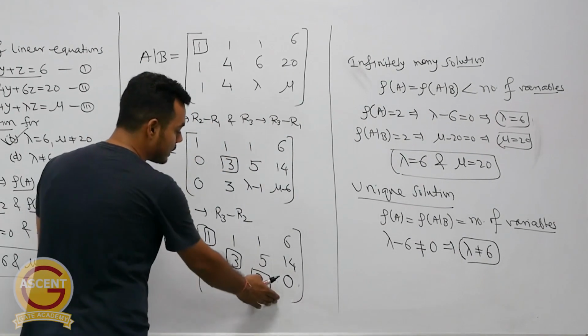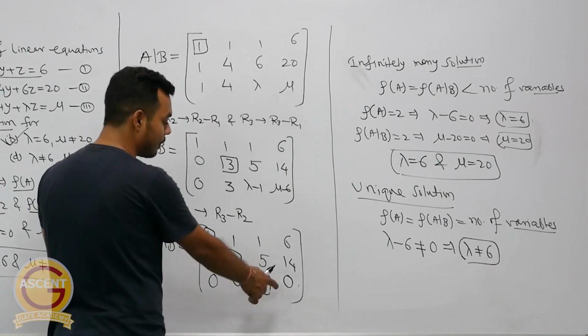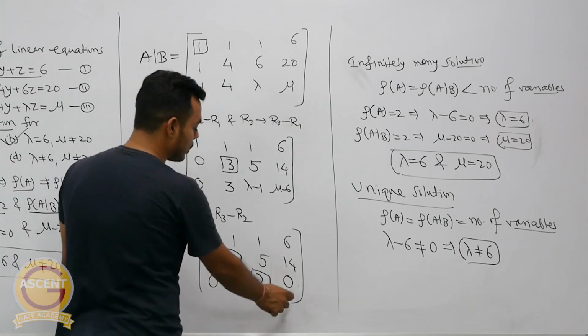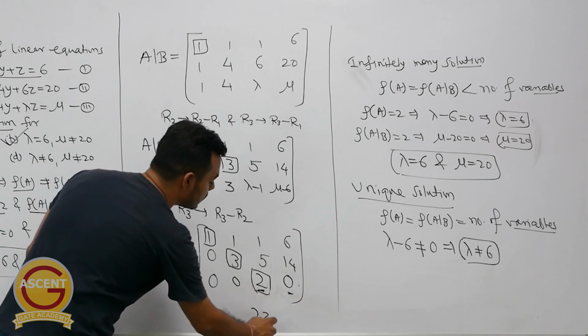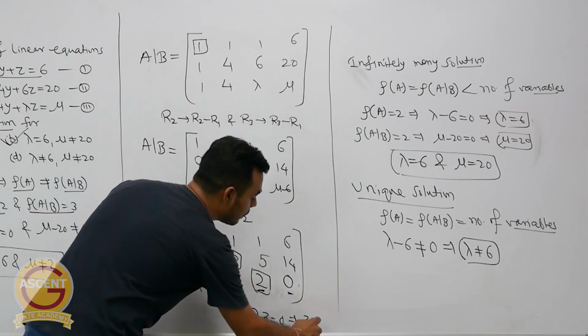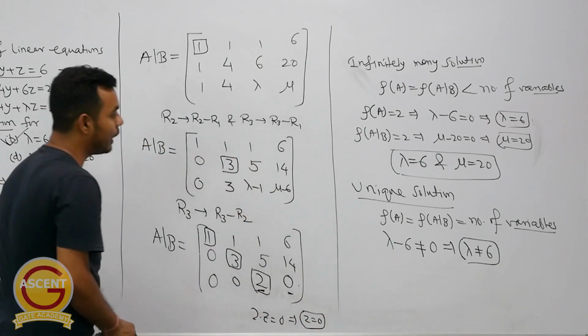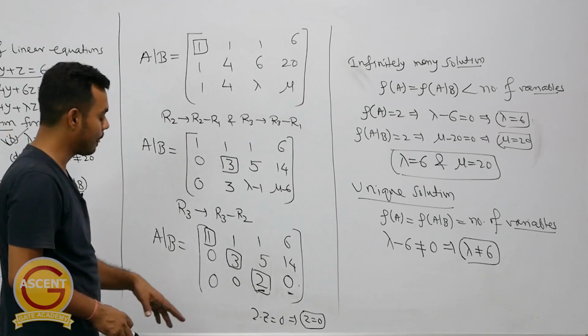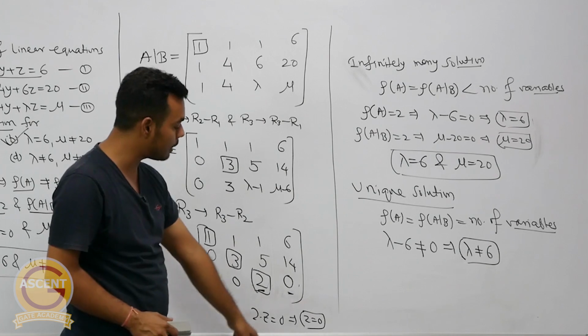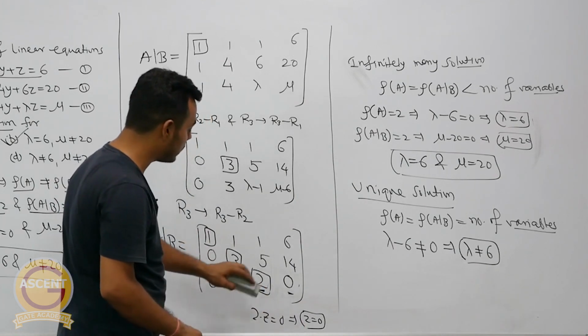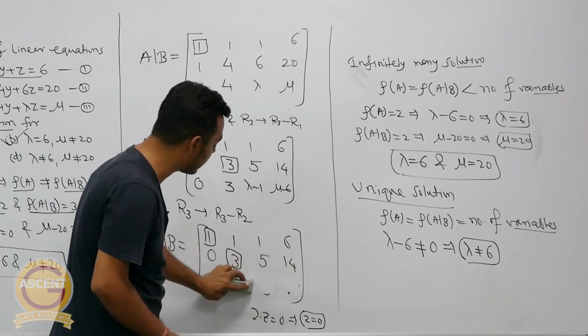So the correct condition is lambda minus 6 non-zero, which means lambda is not equal to 6. Now the meaning of this condition is, suppose nu minus 20 is 0 and you have 2 here, so this simply means that 2 into z is 0, which means the value of z will be 0. And if you have some non-zero number here, that means z is non-zero. So nu minus 20 can be anything.